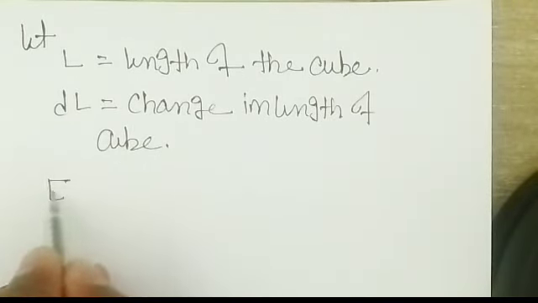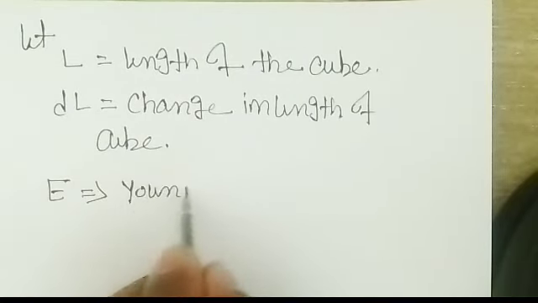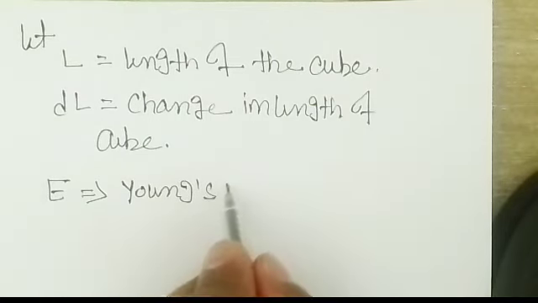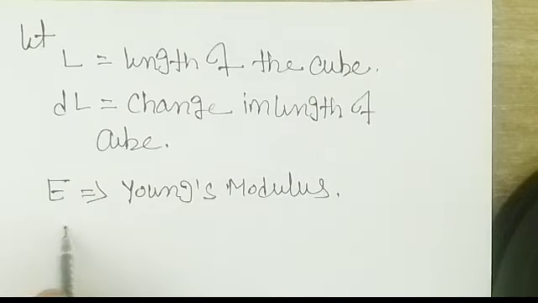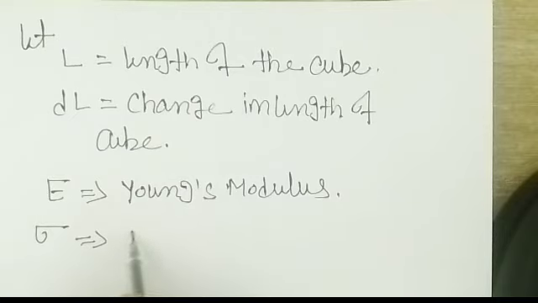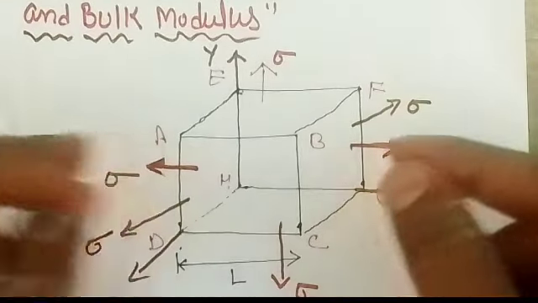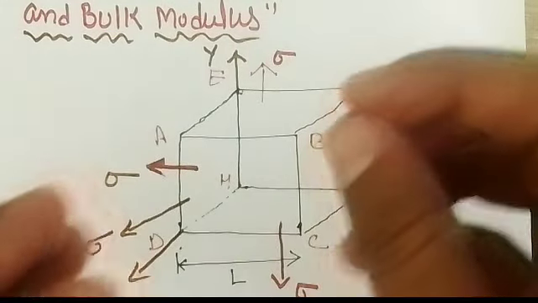Similarly, the cube is made up of some material, so that material has a Young's modulus. Let's say E is the Young's modulus of the material of the cube. Then sigma is the tensile stress. On all faces we did not apply compressive stresses; on the x-axis, y-axis and z-axis we have applied tensile stress, meaning we are pulling the body.